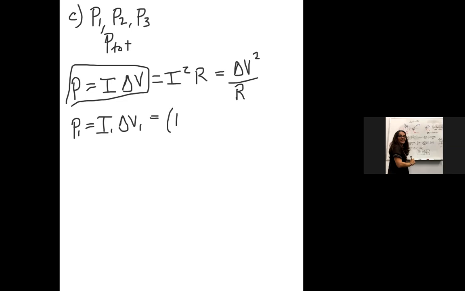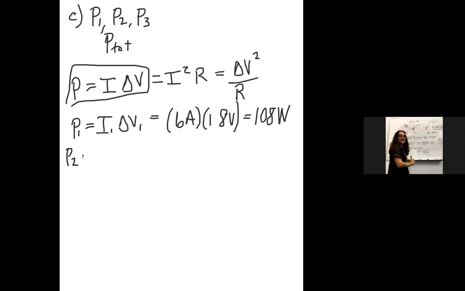So that is 6 amps times 18 volts, which gives 108. And remember, the unit is a watt, a joule per second, energy per time.